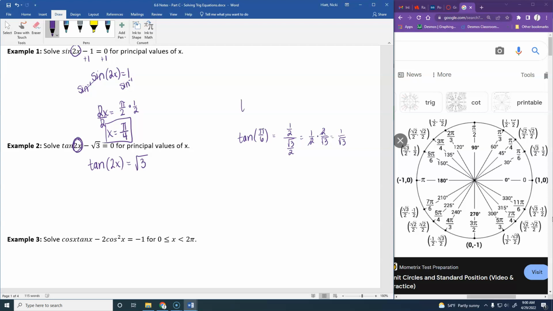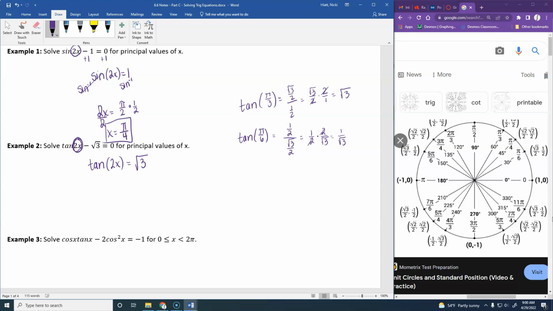If I do tangent of pi over 3, however, I will have square root of 3 over 2 over 1/2, which is going to be square root of 3 over 2 times 2 over 1. These will cancel. I will just get a square root of 3 here. So it's at pi over 3 for that.